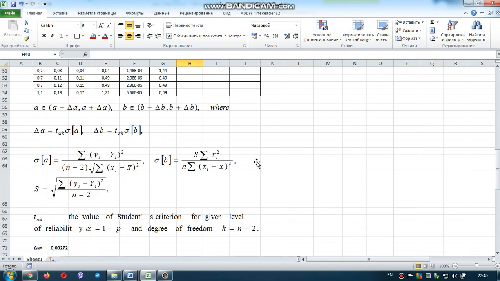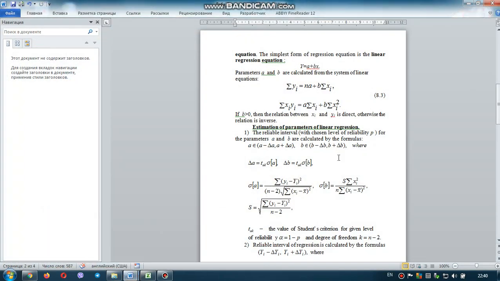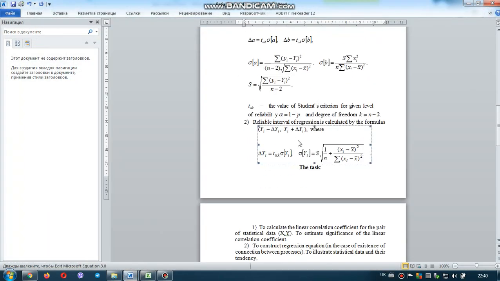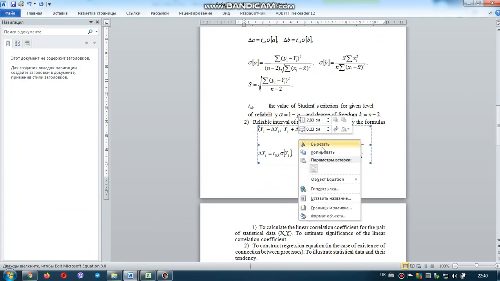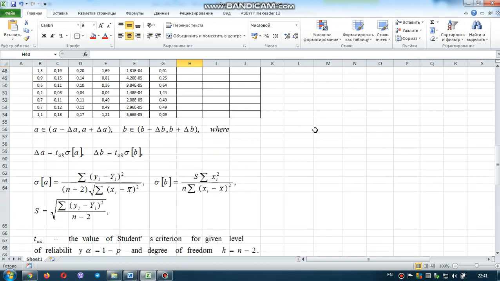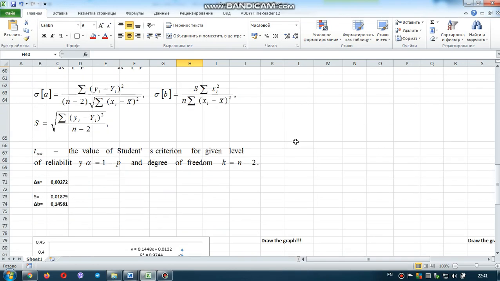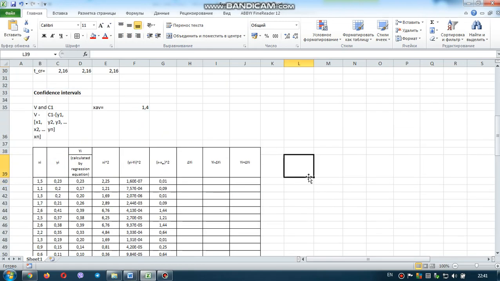This value is calculated by this formula. Don't be afraid of this formula.